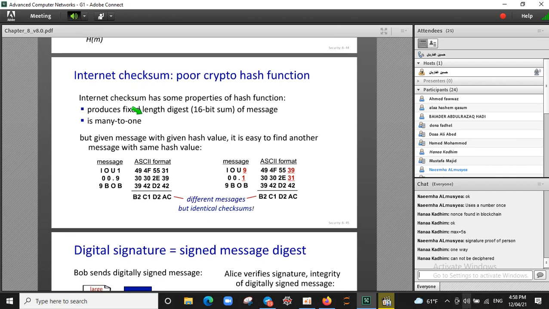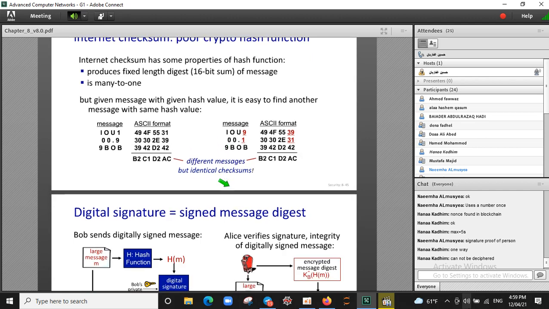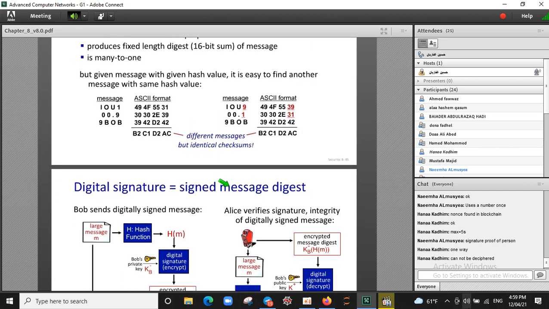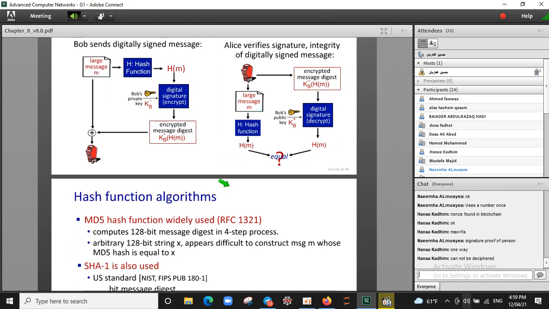Because if I change, for example, the positions of 1 and 9, the result is the same. I'm changing the message, but the result does not change. So the checksum is a poor hash function, and I should look for something stronger than this.